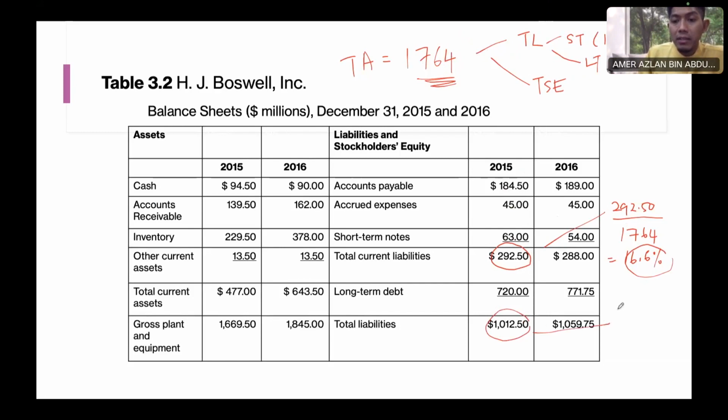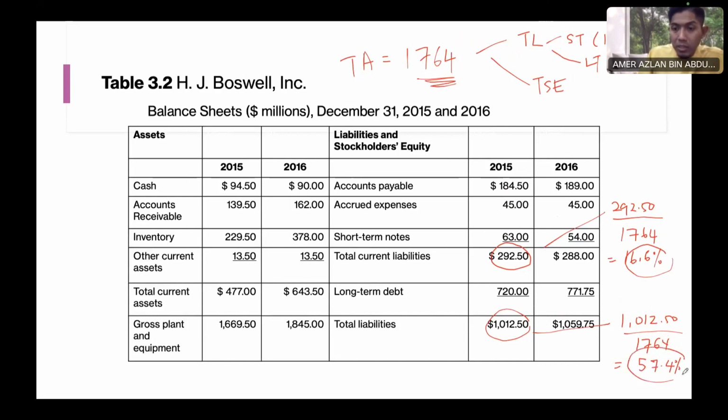Meanwhile, the total liabilities, 1012.50 divided by 1764. Very interesting.